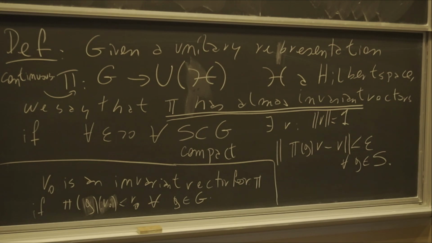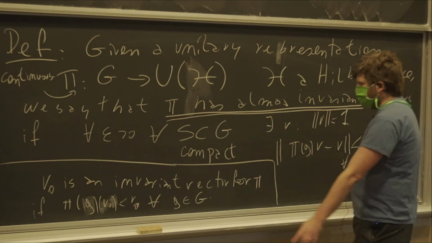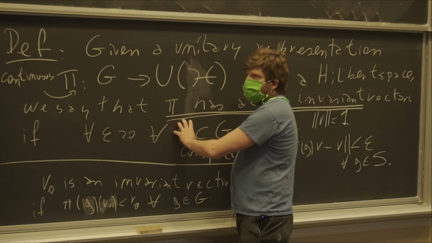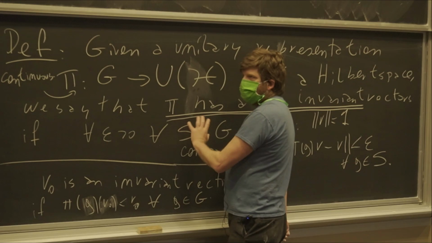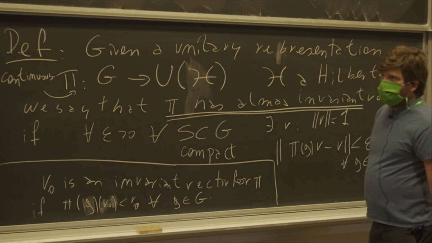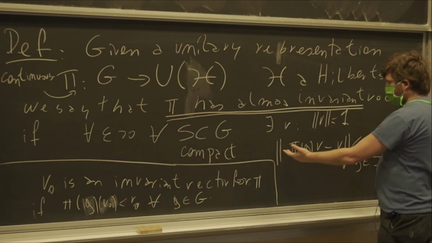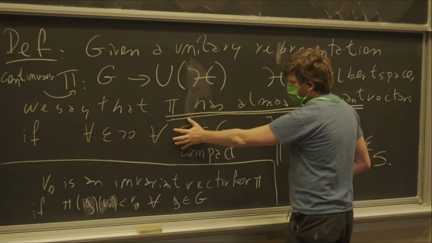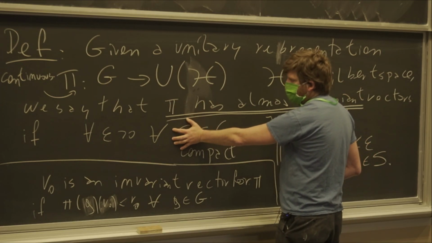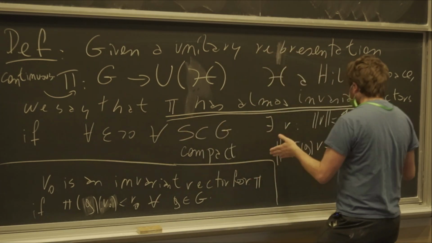That's one observation. The second observation is that once S is a generating set, really the burden is in epsilon rather than in S. So let's say I fix S as a generating set, and I know that for every epsilon there is such a v.